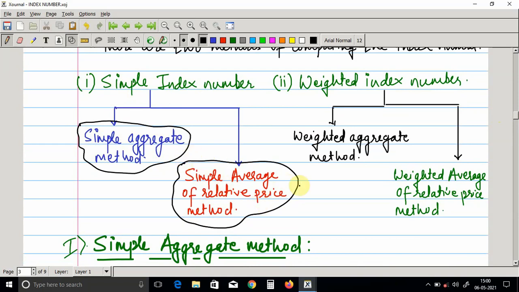I have written price here, but you can write quantity also. So you can create a quantity index by the simple average of relative quantity method. Let me continue with price.